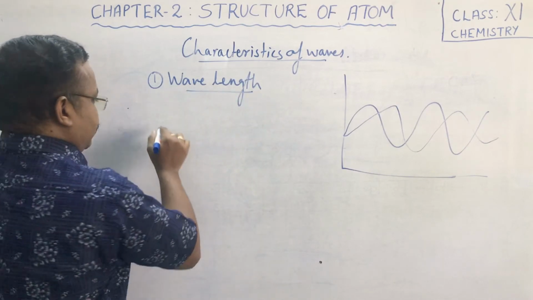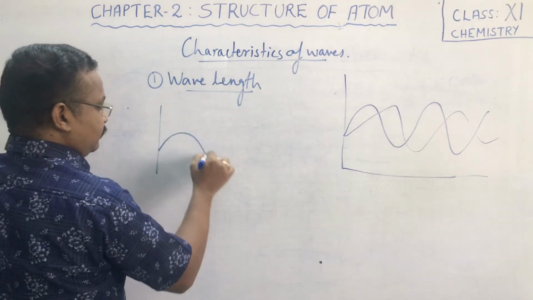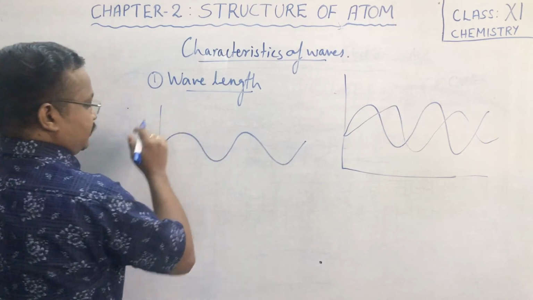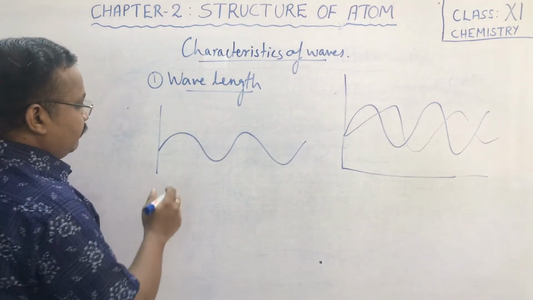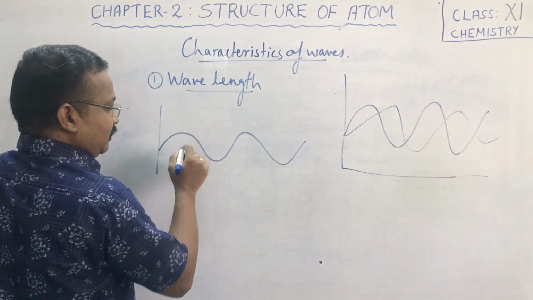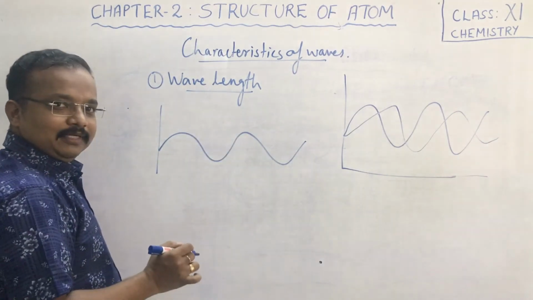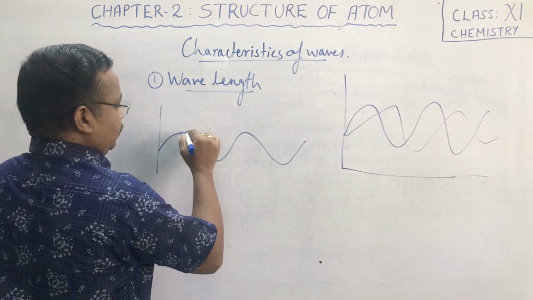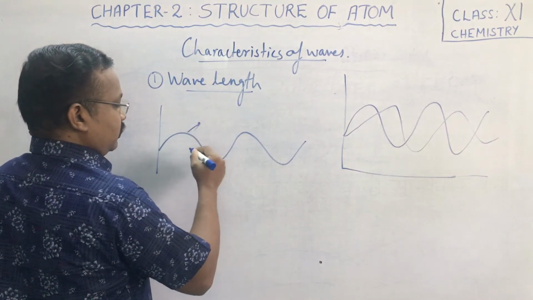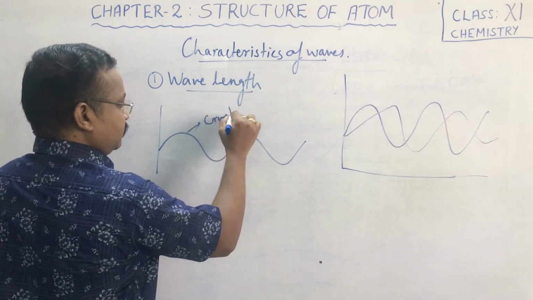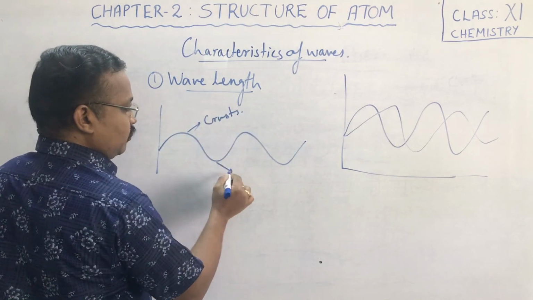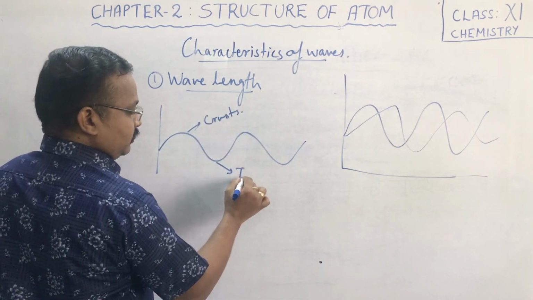Let's consider a wave, composed of ups and downs, isn't it? The ups are called crests and the downs are called troughs.